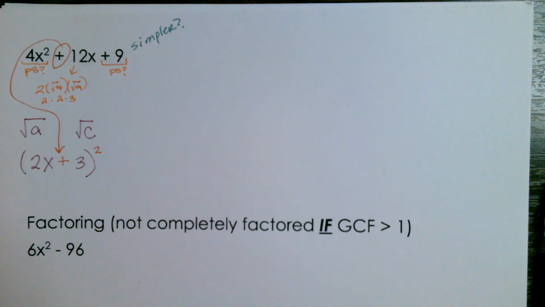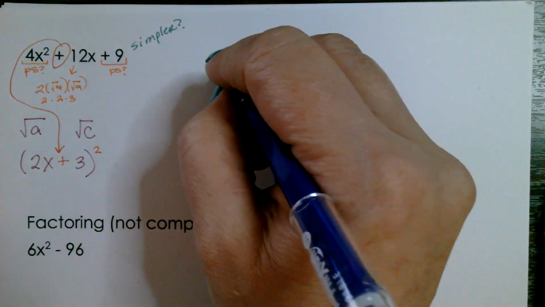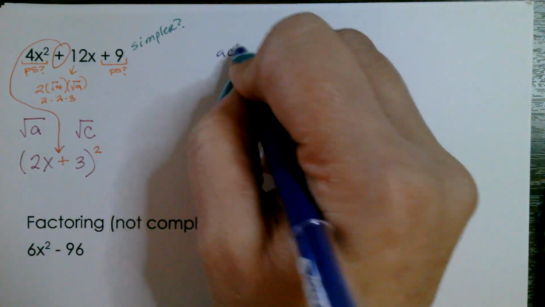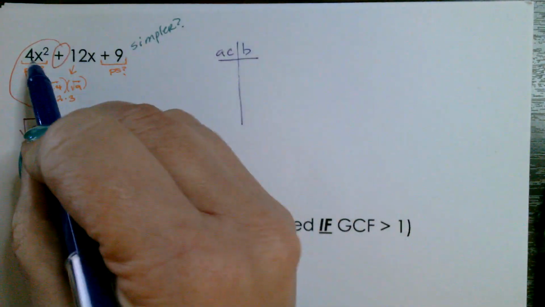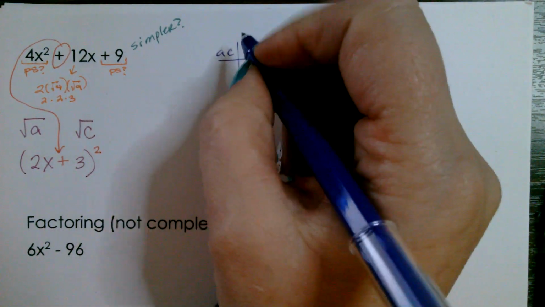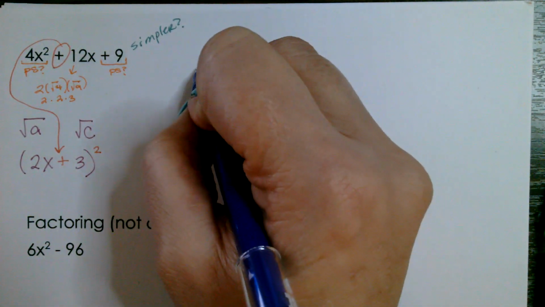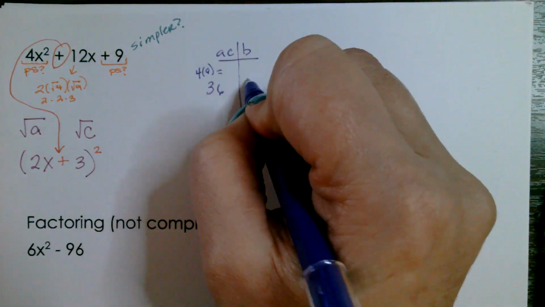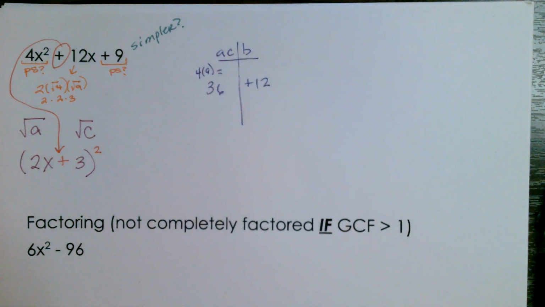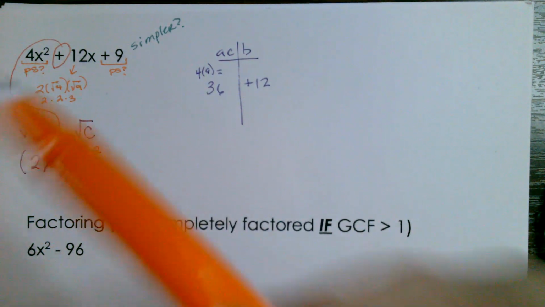Okay, again, you can go to your wheelhouse. What do you really know? We've practiced this quite a bit, so I could go back to my ACB chart. I would need factors of 4 and 9, which make 36, that add to 12. Well, 36 is not a big number. We can come up with those relatively fast.